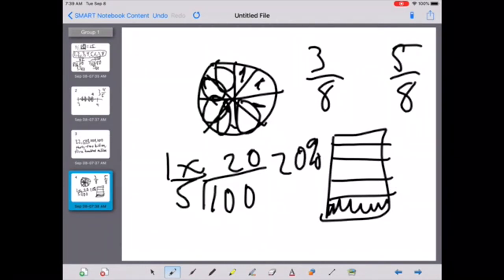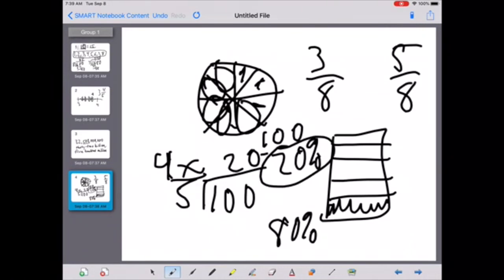Okay, that's A. Now you've got 2 choices for B. You could say, hey, 4/5 is unshaded, so I'm just going to take 4 times 20 and get 80%. Or you could subtract 100 minus 20 to get 80%. So A, 20% is shaded. B, 80% is not shaded.